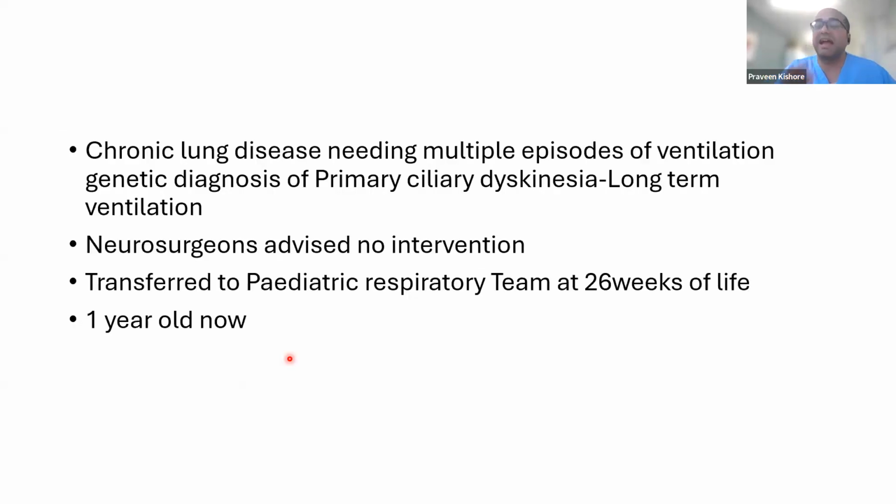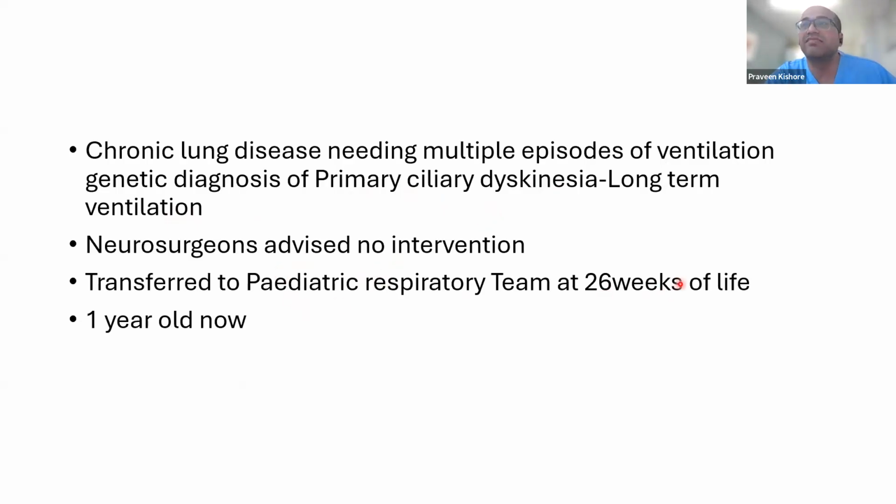This baby had chronic lung disease, had a lot of other issues, needed multiple episodes of ventilation, and we couldn't wean him. Finally, we found a genetic diagnosis of primary ciliary dyskinesia. So he had a tracheostomy sited and long-term ventilation. Neurosurgeons were happy with no intervention.